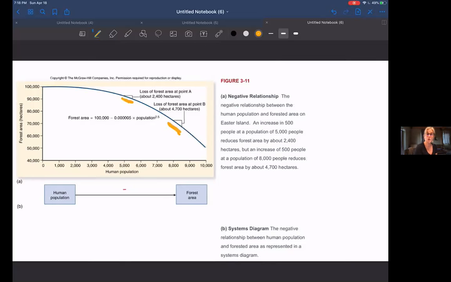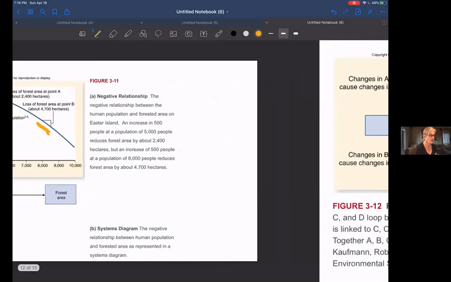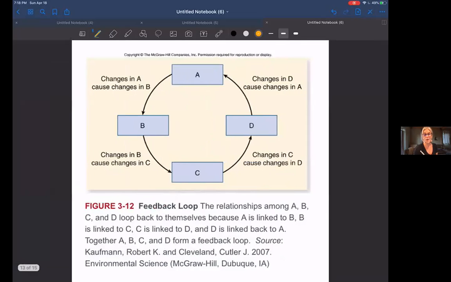Okay. So then we can put these into a system chart where we can see how all the variables influence one another. This is what is referred to as a feedback loop. Sometimes one increase in one variable will increase the other, and that is called positive feedback.